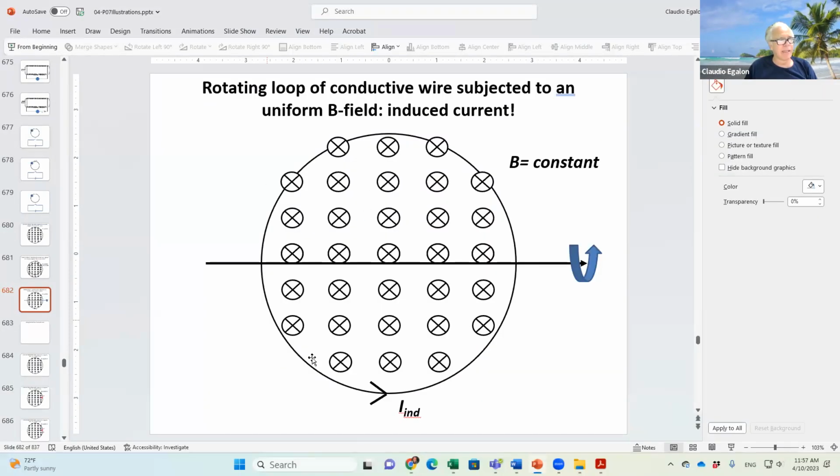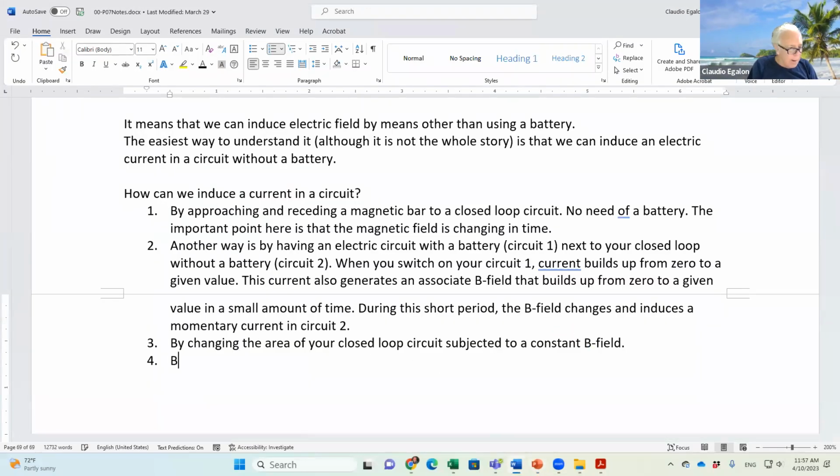So the 4th way is by rotating a closed loop circuit in a constant magnetic field.